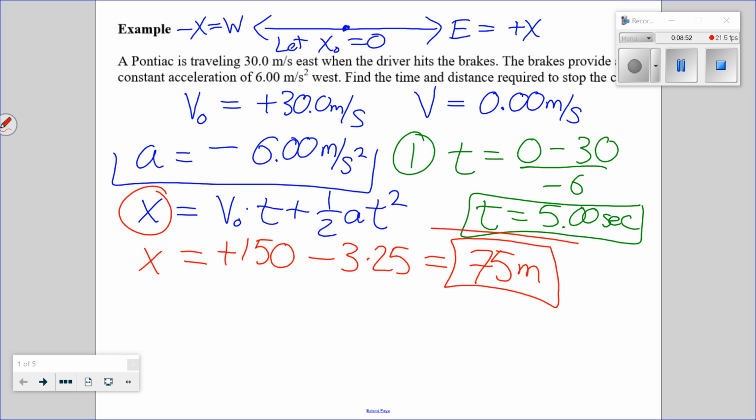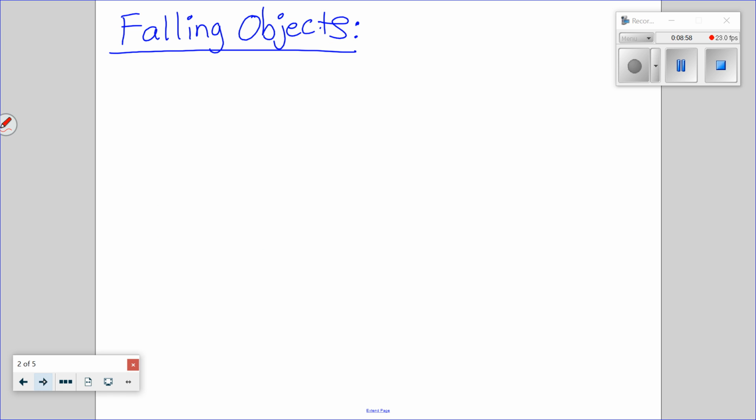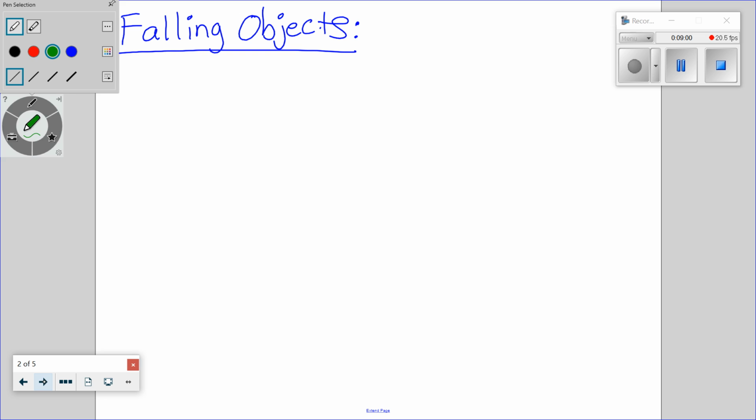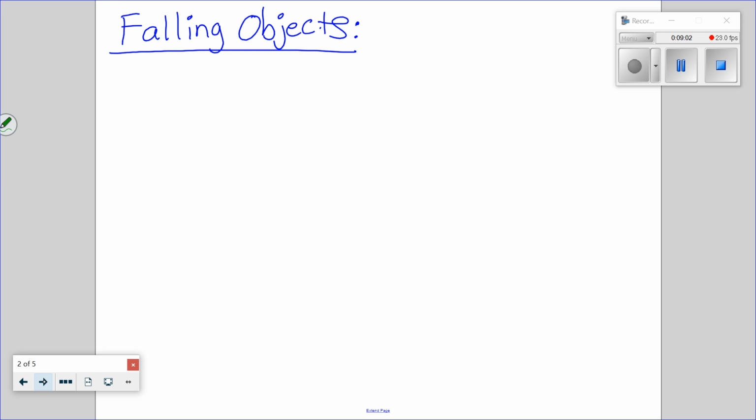Okay, we'll do a short interlude for silliness. We'll say minus 9.8 meters per second squared, or I think it's 32.0 feet per second squared.